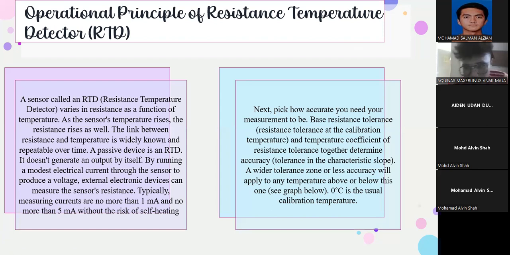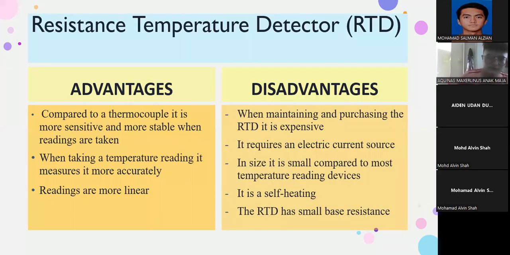Next, pick how accurate you need your measurement to be. Resistance tolerance and temperature coefficient of resistance tolerance together determine accuracy. A wider tolerance zone or less accuracy will apply to any temperature above or below this one. 0 degrees Celsius is the usual calibration temperature. So here are the advantages and disadvantages of the RTD.